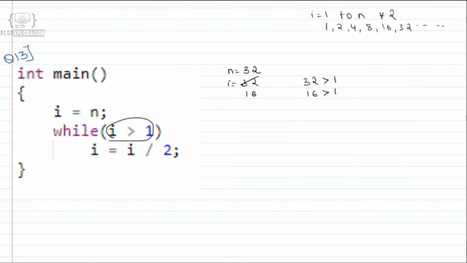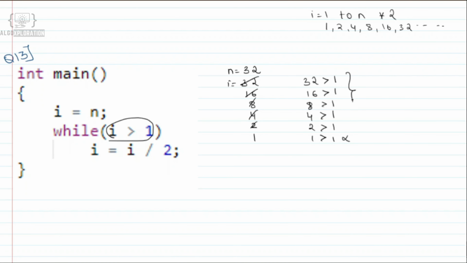Yes, it is. Again we will divide 16 by 2, that will be 8. 8 greater than 1? Yes. So divide by 2, 4. 4 greater than 1? Yes. Divide by 2, that will be 2. 2 greater than 1? Yes, it is. Divide by 2 again. So it will be 1. 1 greater than 1? False.